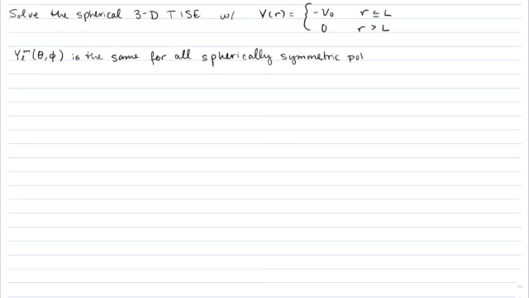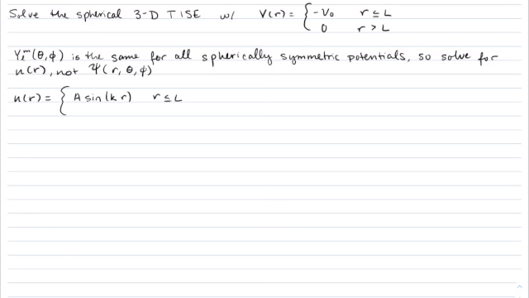This means that we will not need to solve anything for the angular part of the wave function, so we will be only working with u of r, which is the radial part, and that will be a sine of kr when r is less than L, and Ce^(ar) plus De^(-ar) when r is greater than or equal to L. We can normalize this.